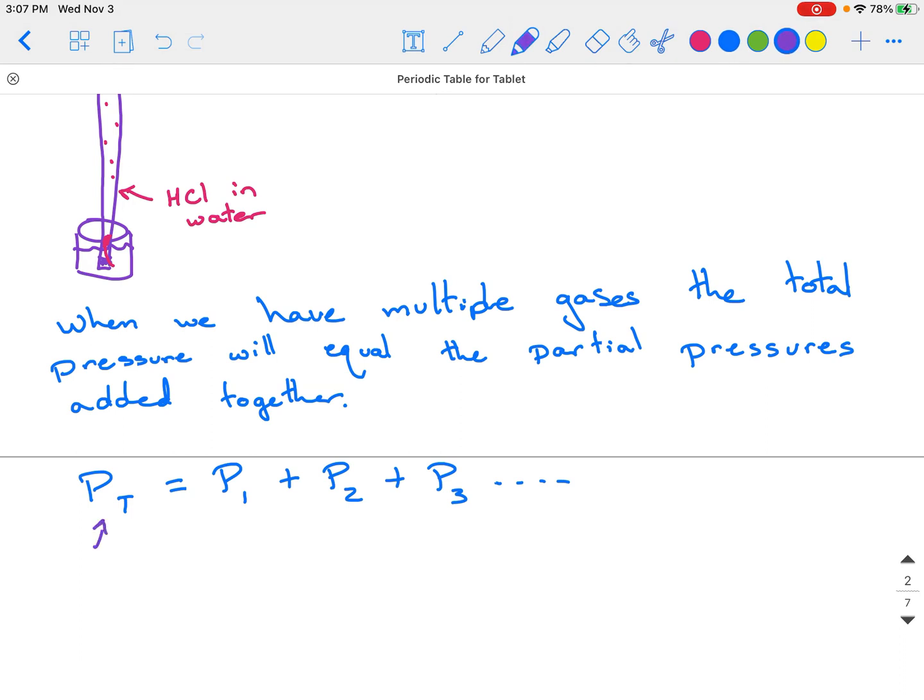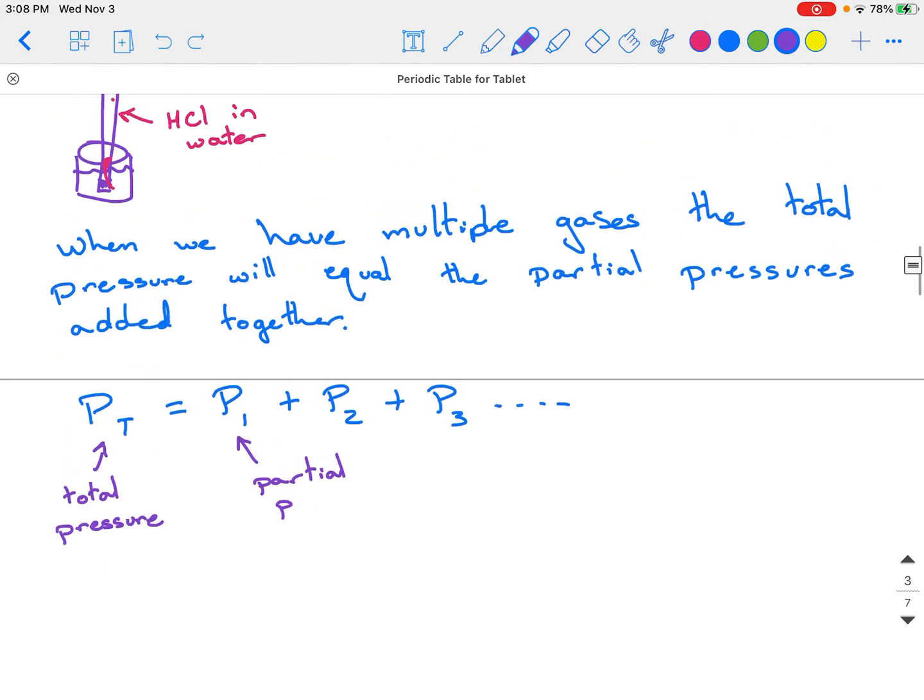Where PT is the total pressure. P1 is a partial pressure, the pressure of substance 1.